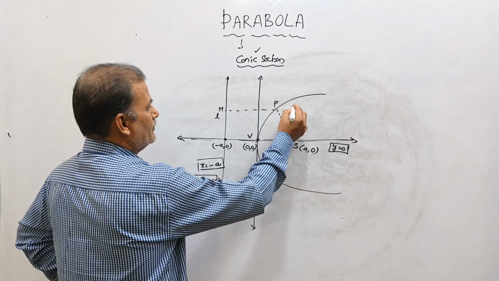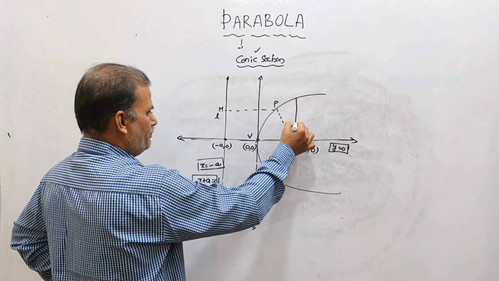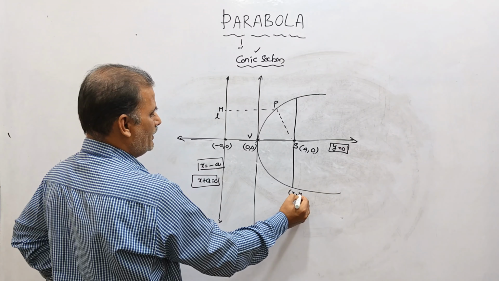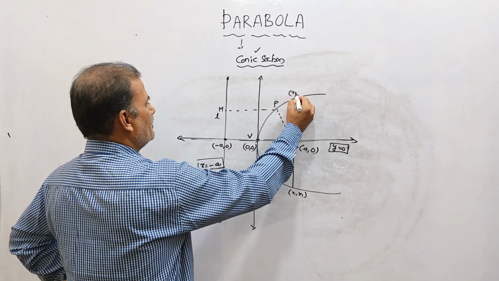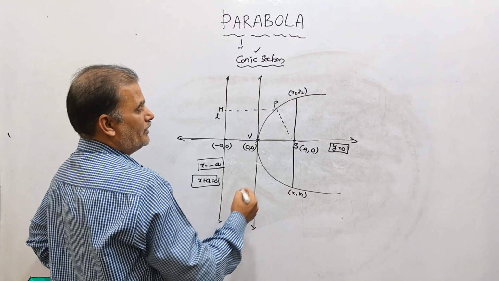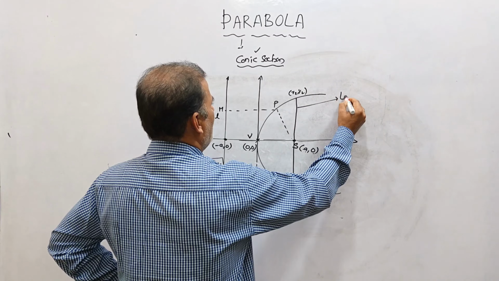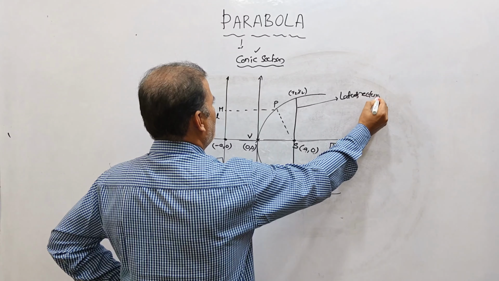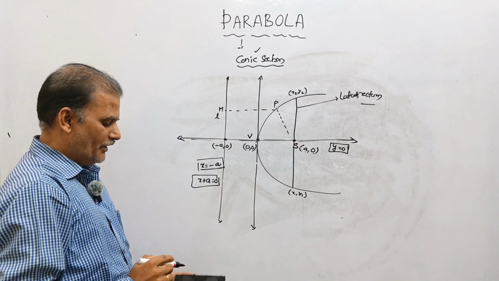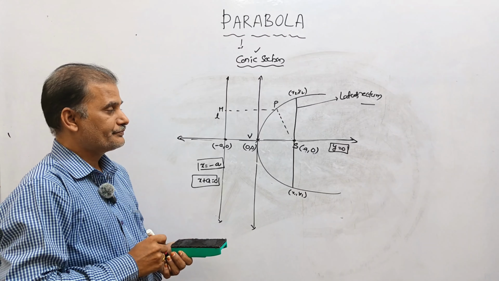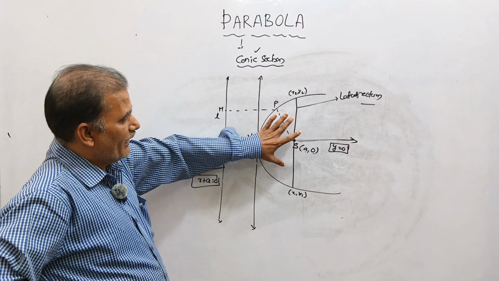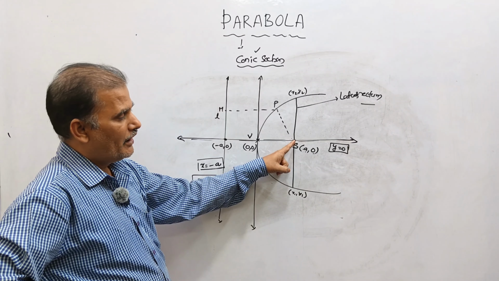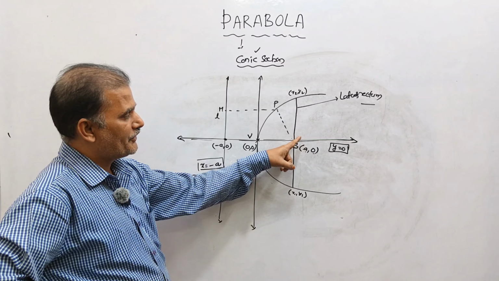Now two points drawn on the parabola, x1 comma y1 and x2 comma y2. It should be called the latus rectum. See the definition of latus rectum. This is a line segment that passes through the focus and is perpendicular to the axis.